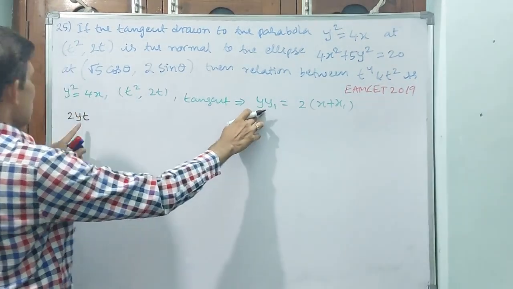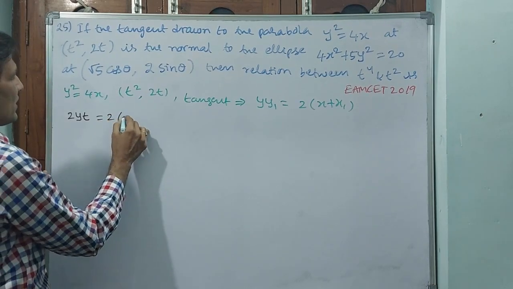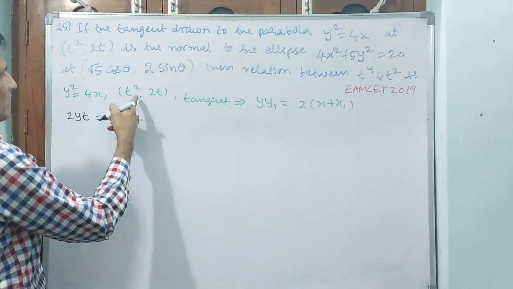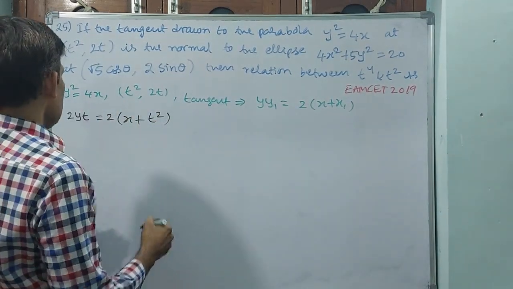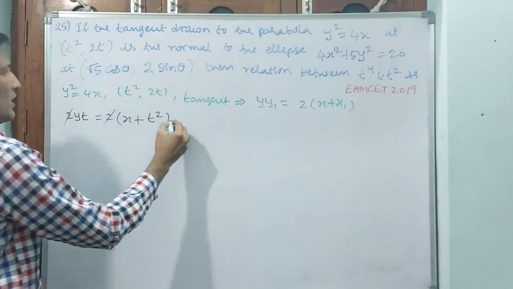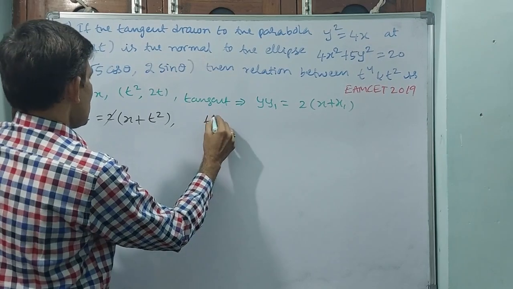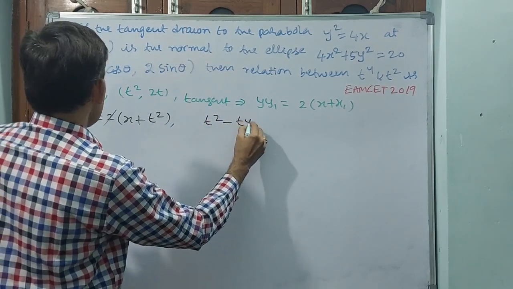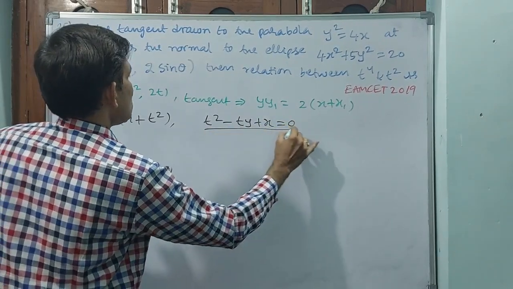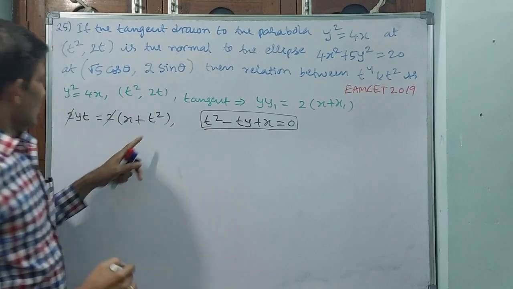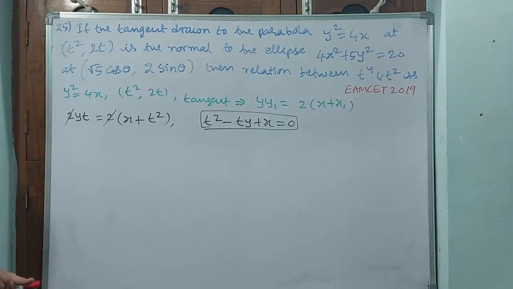Because y is y only, but y1 is 2t. 2t into y is equal to 2 times of x plus x1. x1 is how much? t square. Then you cancel out this 2. That means the equation you can say t square minus ty plus x is equal to 0. t square plus x minus ty. This is one equation. Okay.